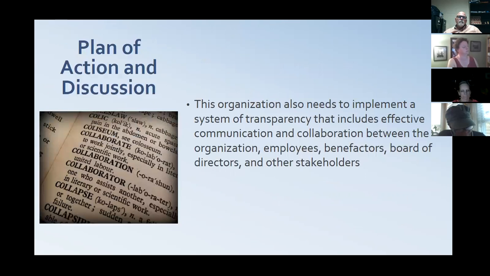Actually, this organization also needs to implement a system of transparency. There seems to be a lack of that. We didn't see any information about that. That includes effective communication and collaboration between the organization, employees, the board of directors, and other stakeholders.